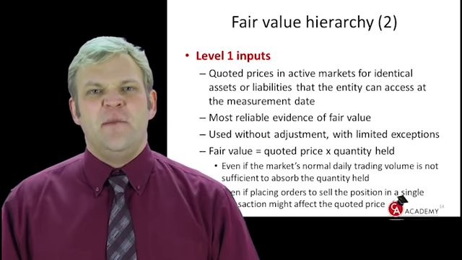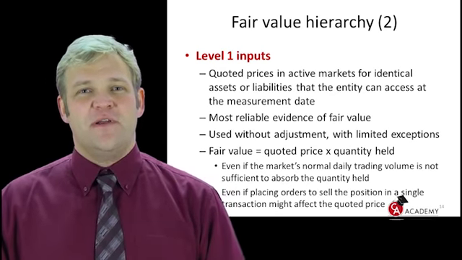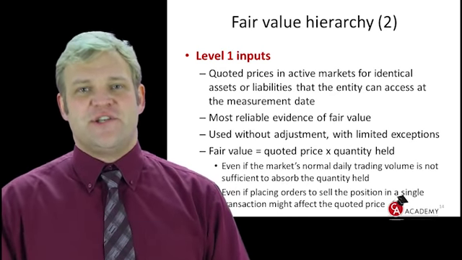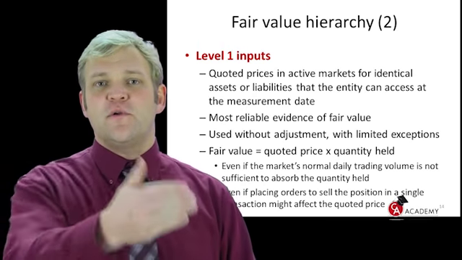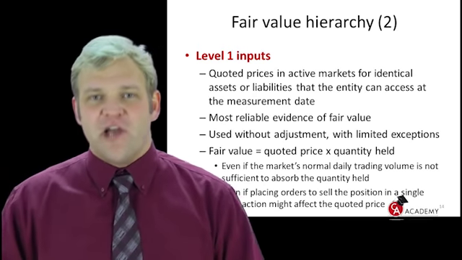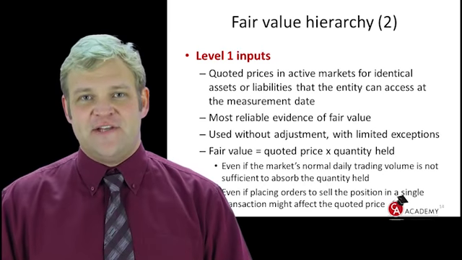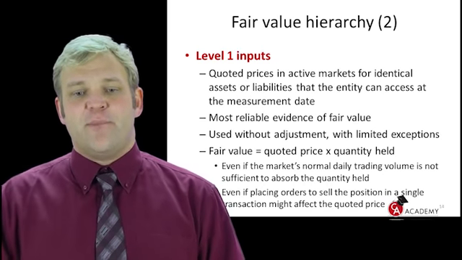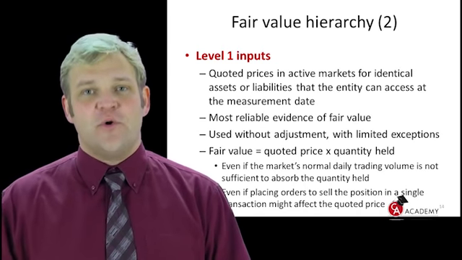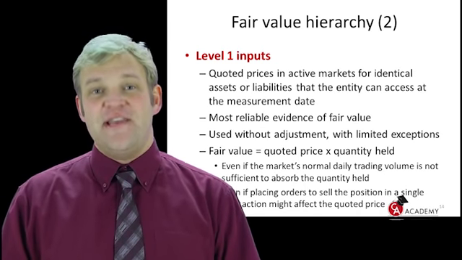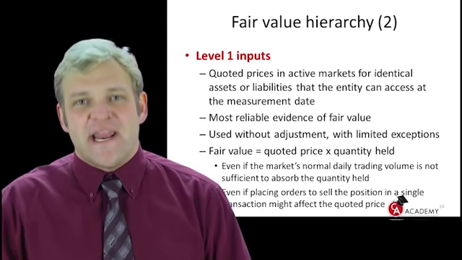What do level 1 inputs look like? And I think this is important because if you see in the question, this is how the level 1 input was determined, then you'll also know what the required disclosure is in the notes to the financial statements. Quoted prices in an active market for identical assets or liabilities. Can you see that? I would underline the word identical.